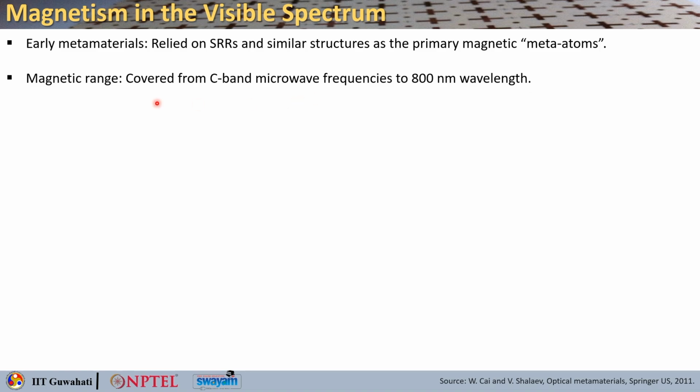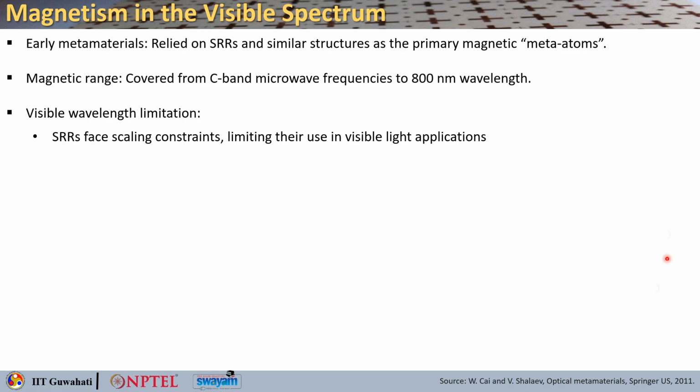Their magnetic response usually spanned over C-band microwave frequencies to even the long wavelength end of the visible spectrum. Now, at visible wavelength, that is between 800 nanometer and 400 nanometer, other structures like coupled nanorods or nanostrips were basically preferred.